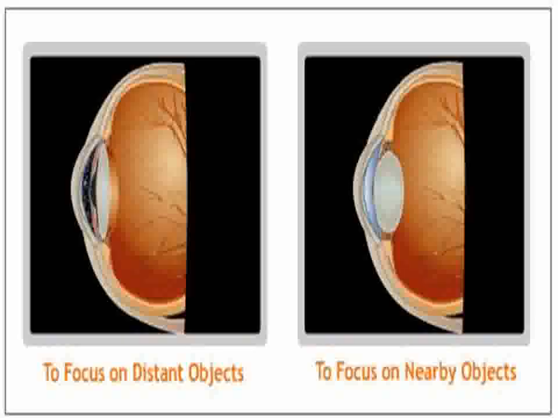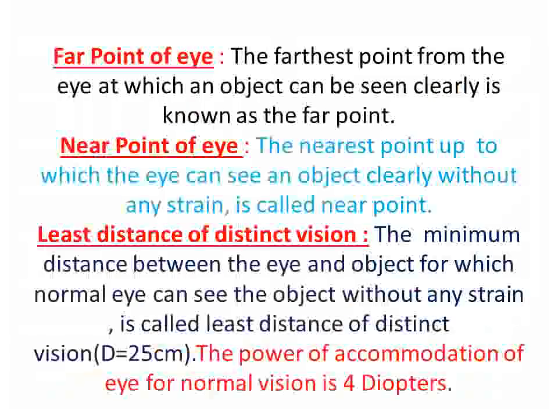With the thick lens, power becomes more, focal length becomes less, and it bends the rays more toward the principal axis. Therefore, the image is formed exactly at the retina.